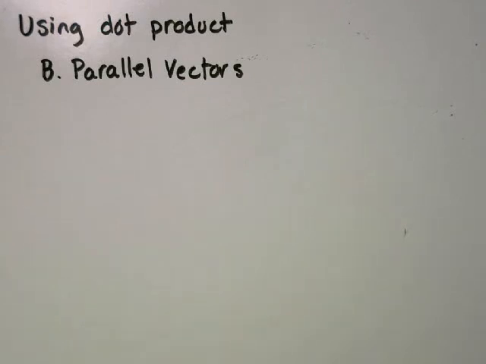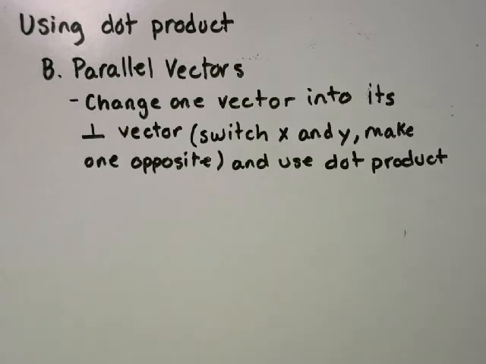Now we're going to use the dot product to show vectors are parallel. We've already looked at a scalar being a clue, but now we can also use the dot product. And I'll write down the process here. The process for how we can use the dot product to find parallel vectors is to change one of the vectors into its perpendicular vector.